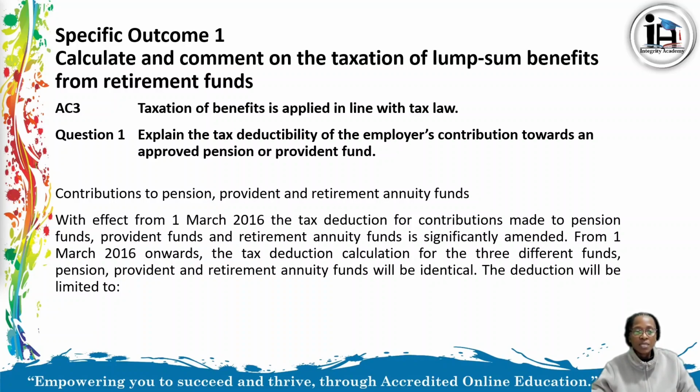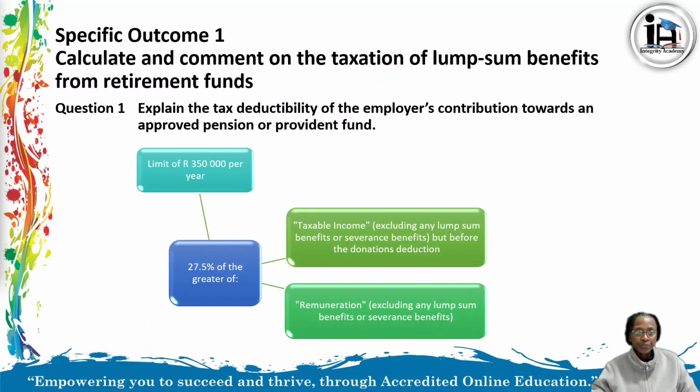The deductions will be limited to 350 per year or 27.5% of the greater of taxable income, excluding any lump sum benefits or severance benefits, but before the donations deduction, or remuneration, excluding any lump sum benefits or severance payments. You take the greater between those two.